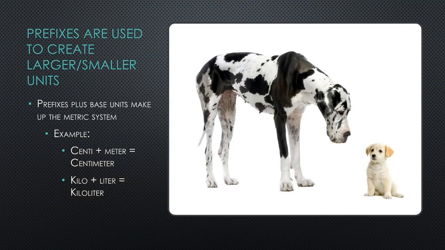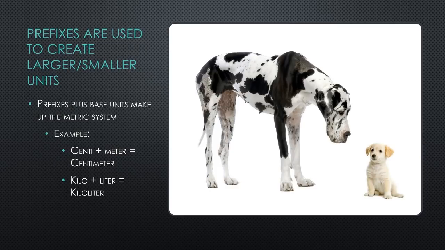Now, if I want to get big or small, I actually use a prefix. So I don't change my base unit. I leave that the same. So I just add some sort of a prefix like centi could be added onto meter to create a centimeter. And centimeters are much smaller than a meter would be.